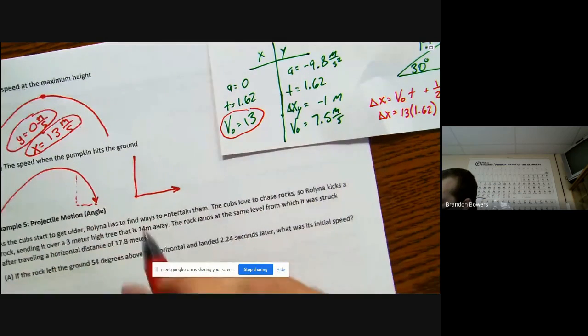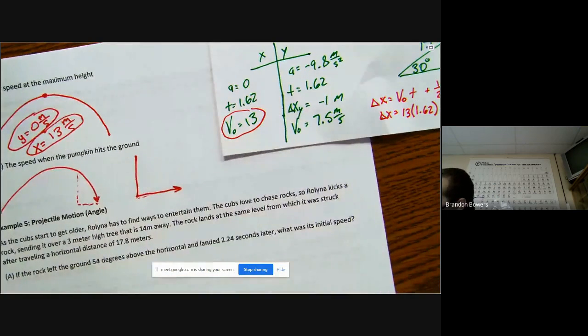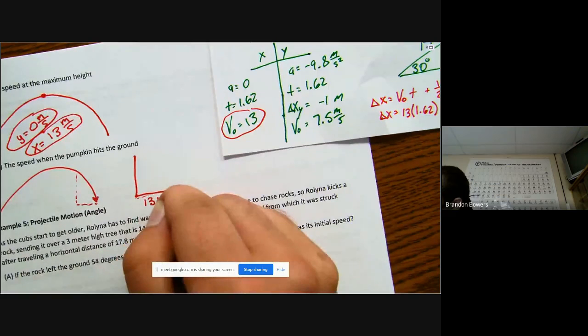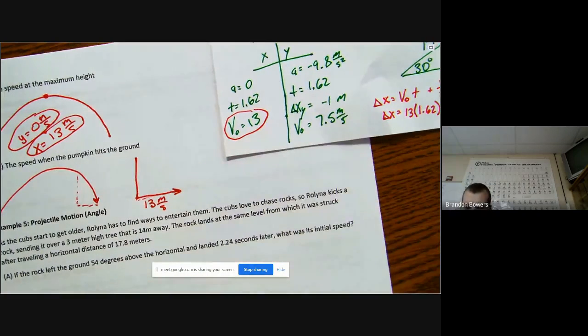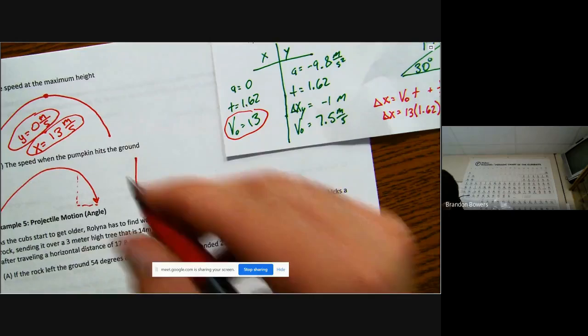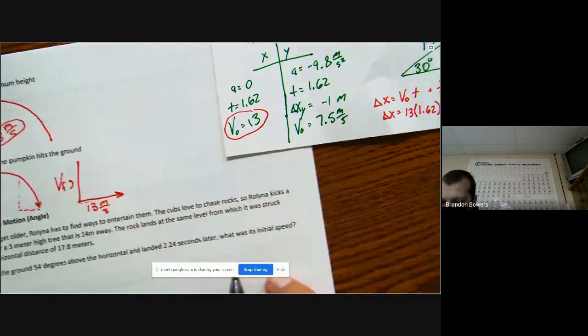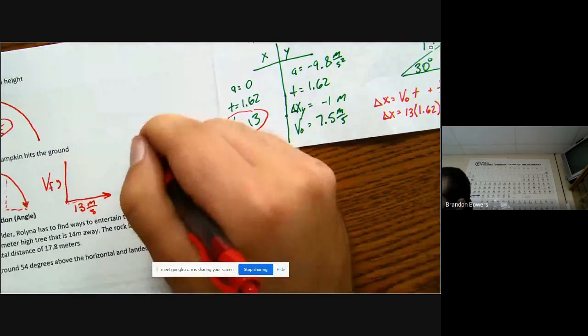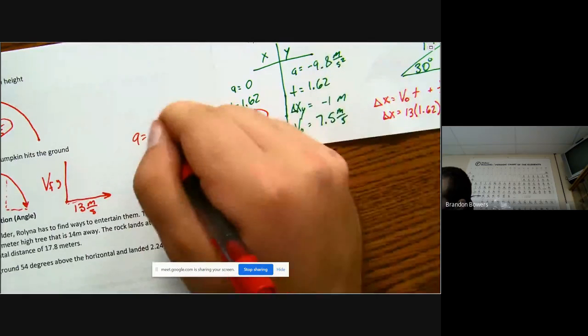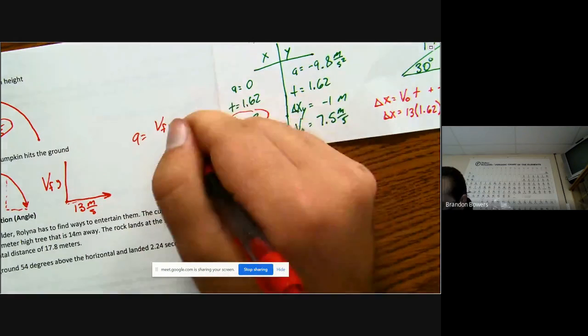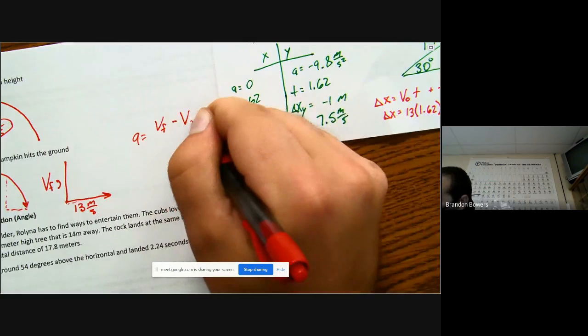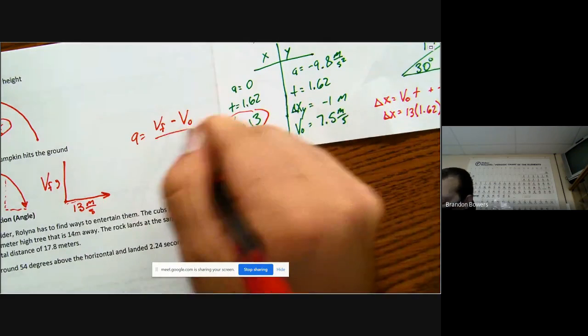I know my velocity in the x direction was 13 meters per second because that never changed. But now I have to find the final velocity for x and for y. I'm going to use the easiest equation: acceleration equals the final velocity in y minus the initial velocity in y, over time.